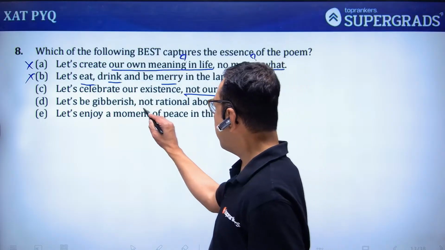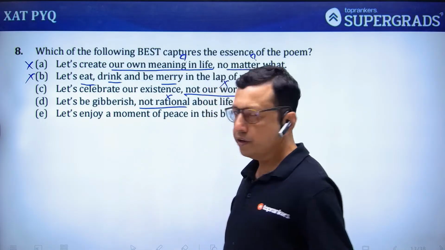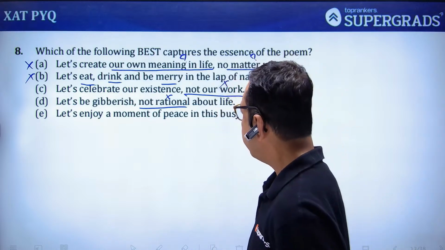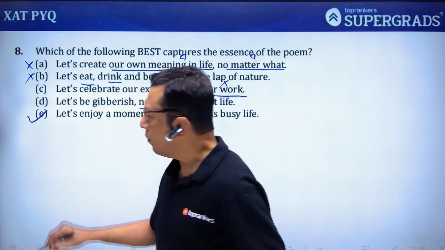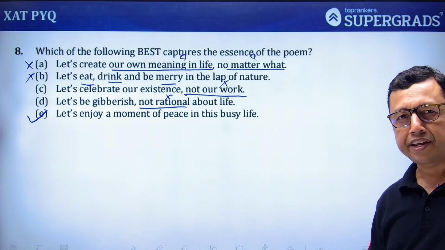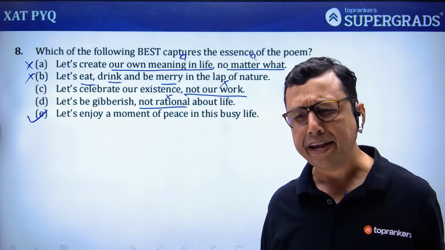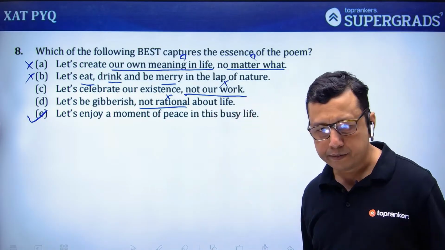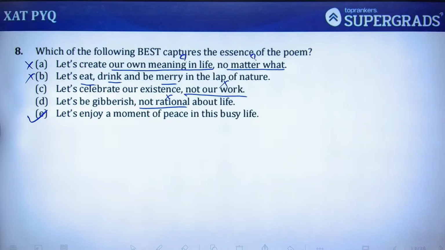No, not rational is totally wrong. He doesn't say that. Rationality is not indicated. Yes, absolutely. Very simple, right? Let us enjoy a moment of peace in this busy life. That's what he's saying. Simple. So the correct answer is E. The correct answer is E.